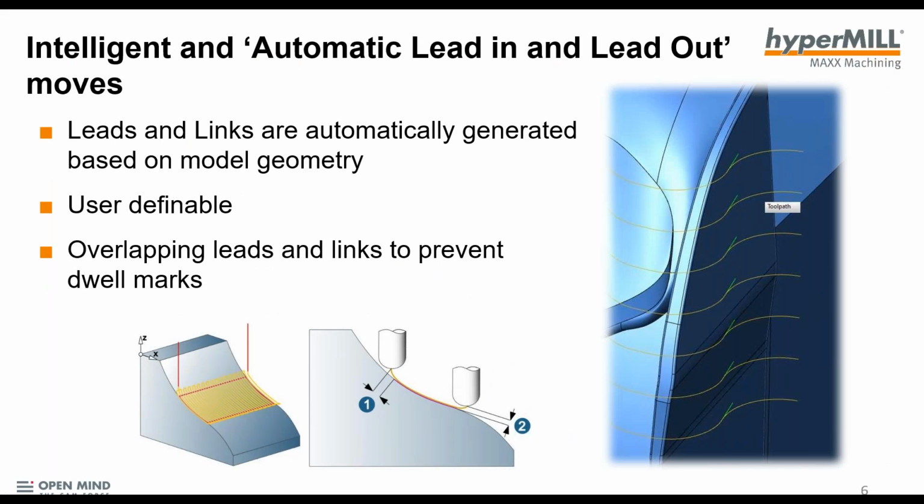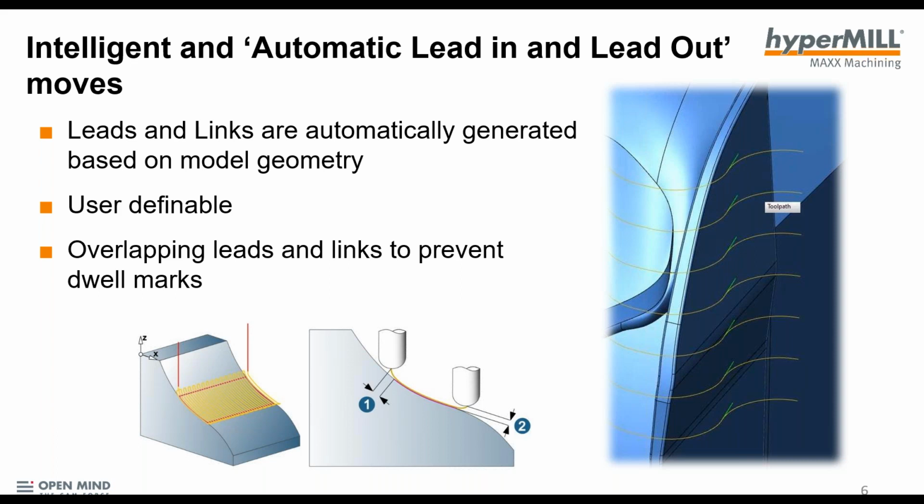Lead in and lead out moves, or macros as they're known in hypermill, these are really useful to reduce dwell marks where the tool enters and exits the part. You can set the parameters and type of lead moves manually in hypermill, but there's an automatic option that's used by probably 95% of the hypermill user base, so it's really not a necessity to set these manually.